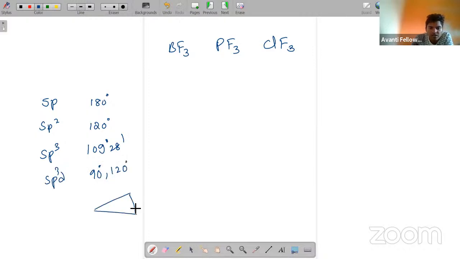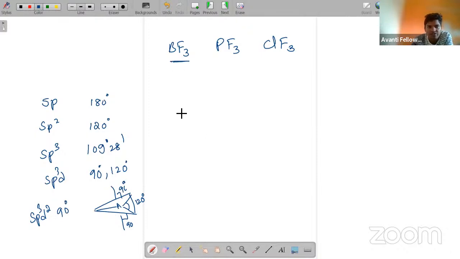In PCl5, here is the central atom. On the top it is 90 degrees and the bottom 90 degrees, and the bond angle in the plane is 120 degrees. Next is sp3d2, that is octahedral, all the bond angles will be 90 degrees.